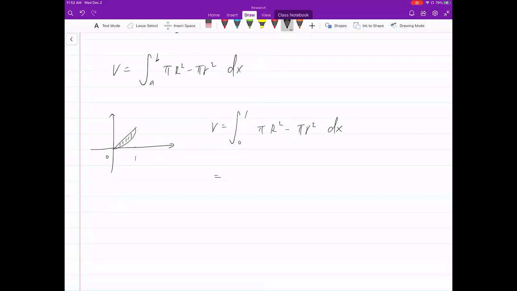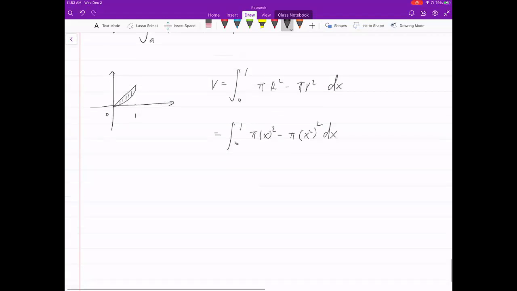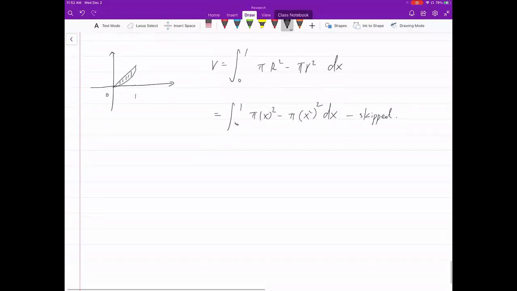Whoever is below will be inside. So the line and the parabola. I will stop here. I think I can already write down the formula.